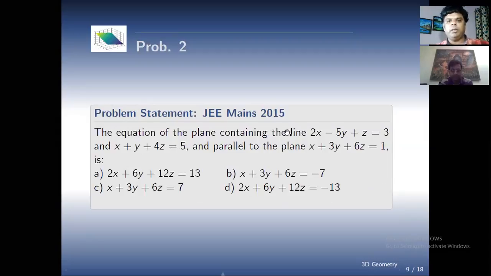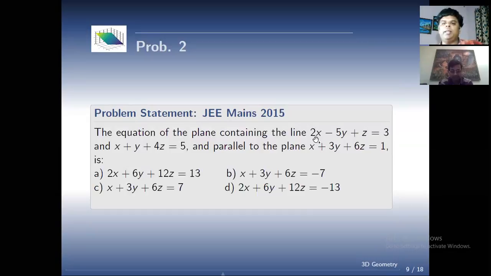So first of all, how do we understand this question? We are given that we need to find the equation of a plane which contains the line, and we are given two equations here. So what are these two equations? They are both equations of a plane. So really the line is given as the intersection of these two planes.